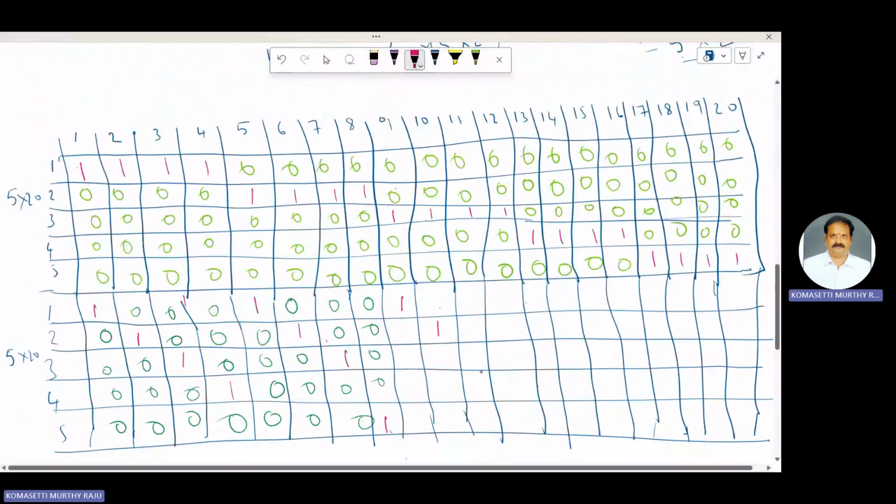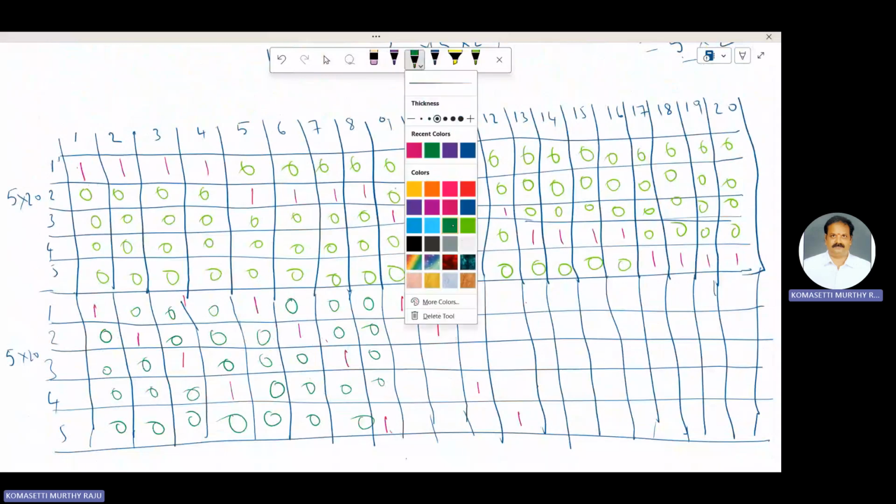Here 1, 1, 1, and 1. Ninth is also completed, single one. 10 is also completed. 11th is also completed. Here the 12th is also completed. The remaining all are zeros.